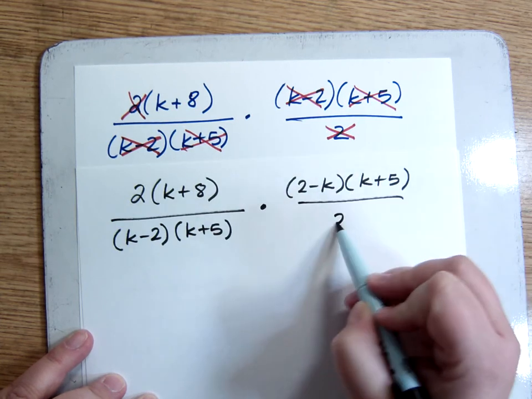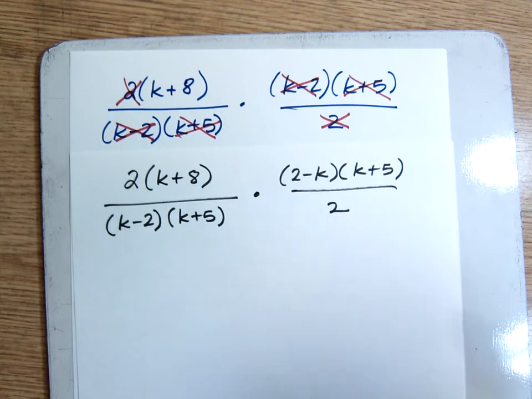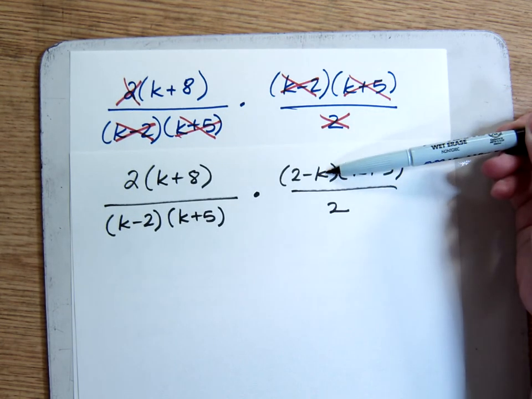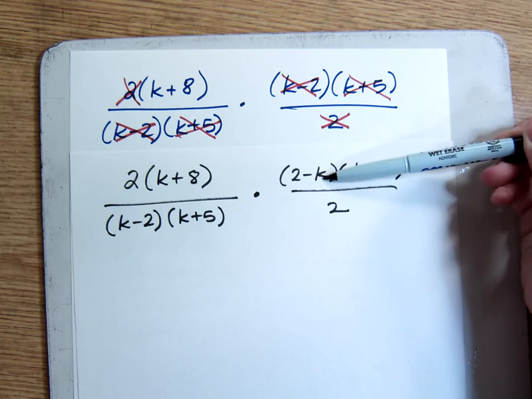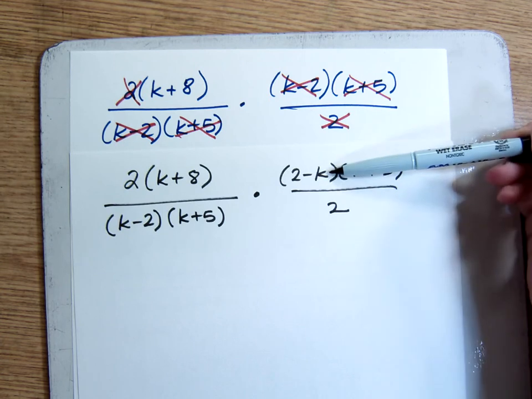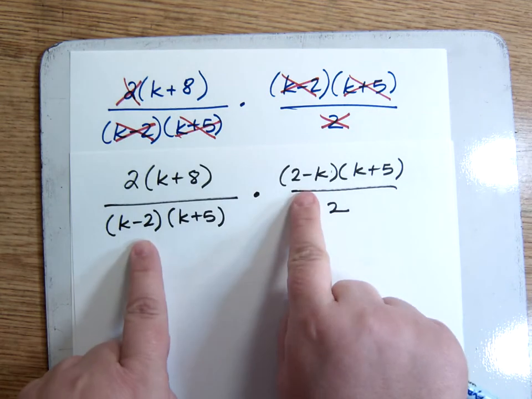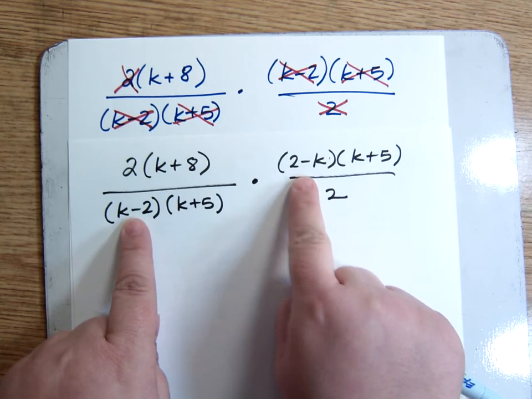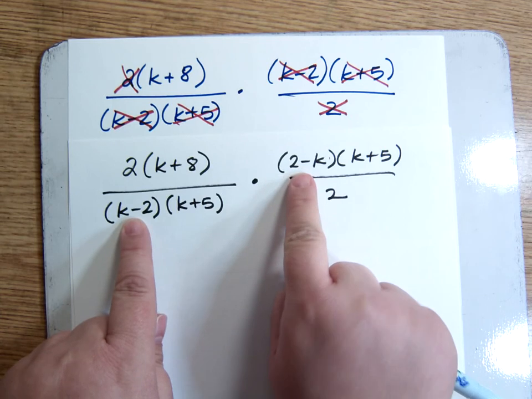Do you see what's different? Look at this factor, and look here. It was actually backwards, 2 minus k, which is not the same thing as k minus 2. So I cannot cancel these guys. I cannot right now cancel a k minus 2 with a 2 minus k. Not okay. No pun intended.